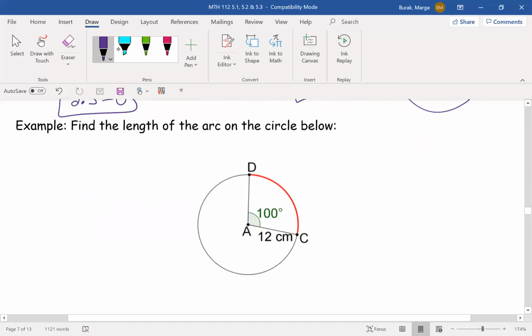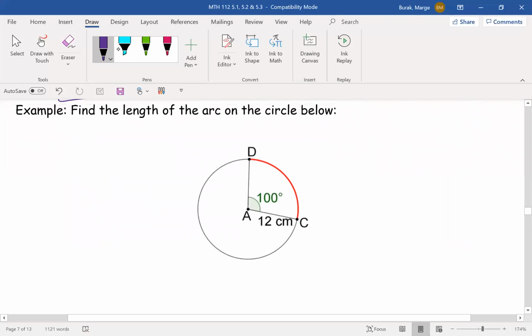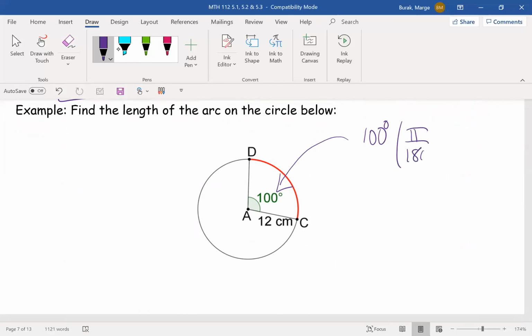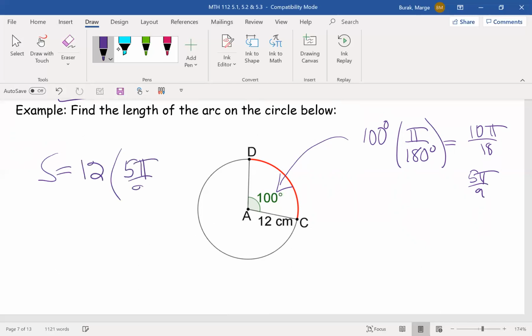And last but not least, find the length of the arc on the circle below. First thing you want to do, change 100 degrees to radians. Okay, so if I reduce that, I get 10 over 18 or 5 pi over 9. And we'll use my formula. So S equals, radius is 12, angle is 5 pi over 9.